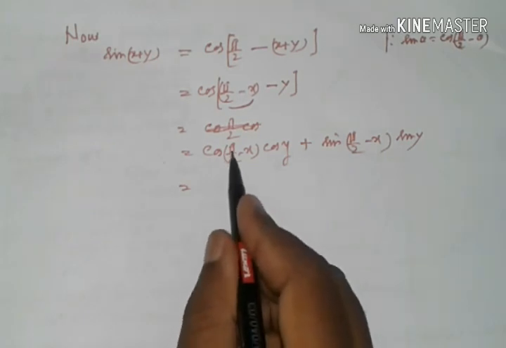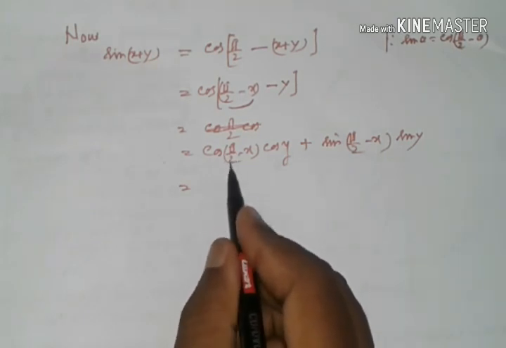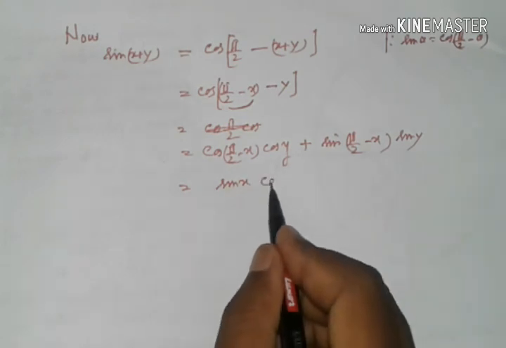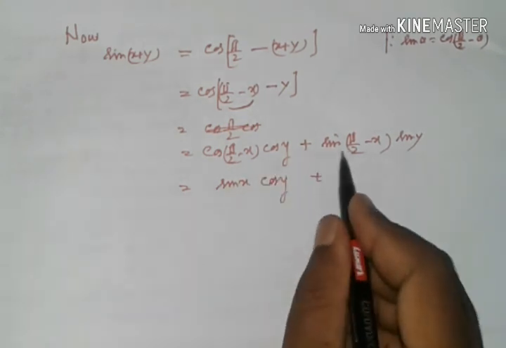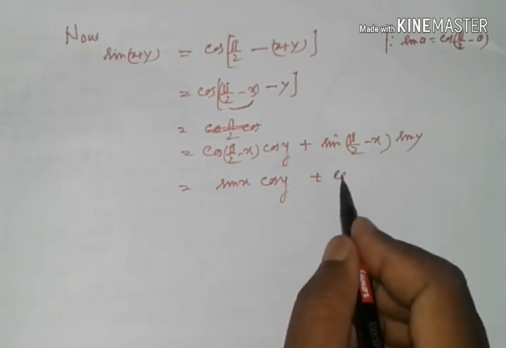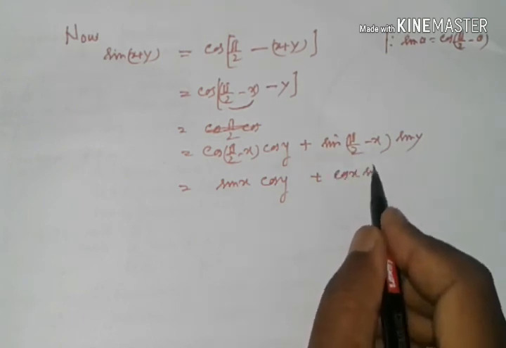So cos pi by 2 minus x cos y plus sin pi by 2 minus x sin y. Cos of pi by 2 minus x is sin x, so it is sin x cos y plus cos x sin y, since sin pi by 2 minus x is cos x.